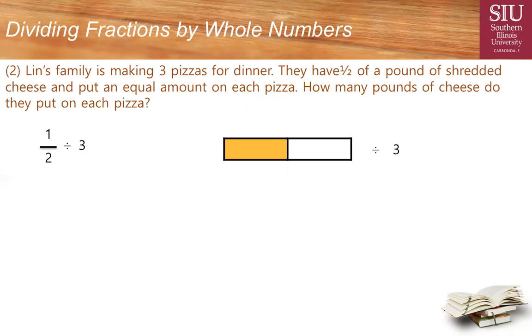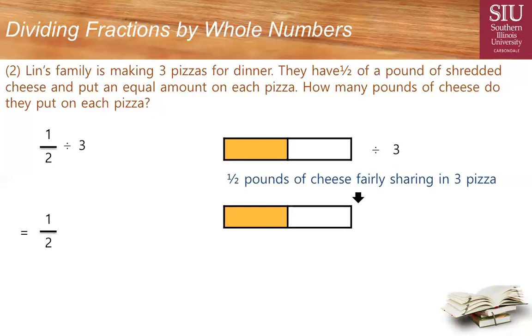Does that make sense to you? Okay, and I want to divide it by 3. So this time, I want to take 1/2 pound of cheese and fairly share it among three pizzas.